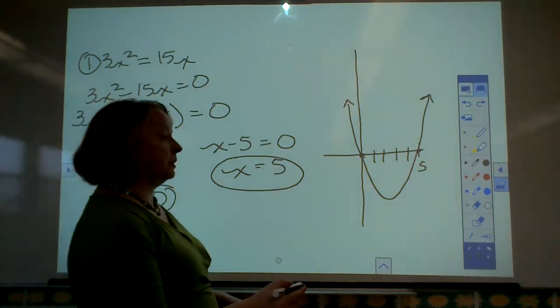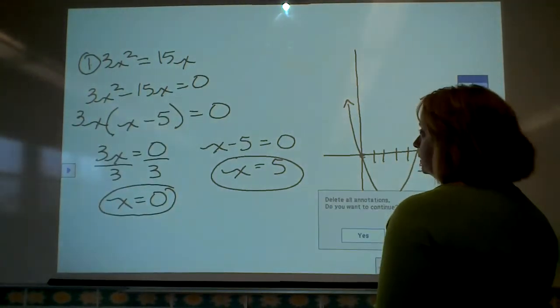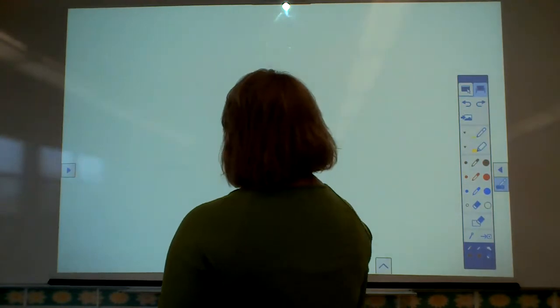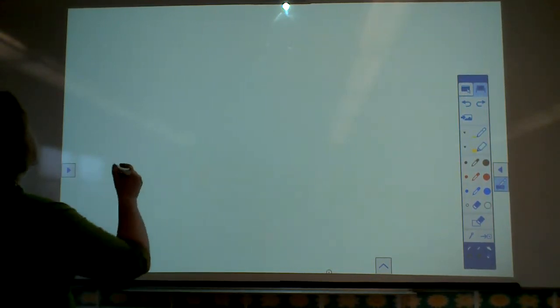Okay, let's move on to something a little bit more complex. And we're going to look at some of the word problems. So the first thing we need to talk about is what's called consecutive integers.